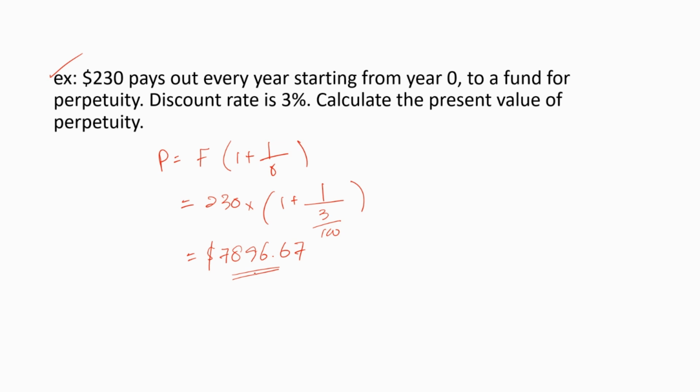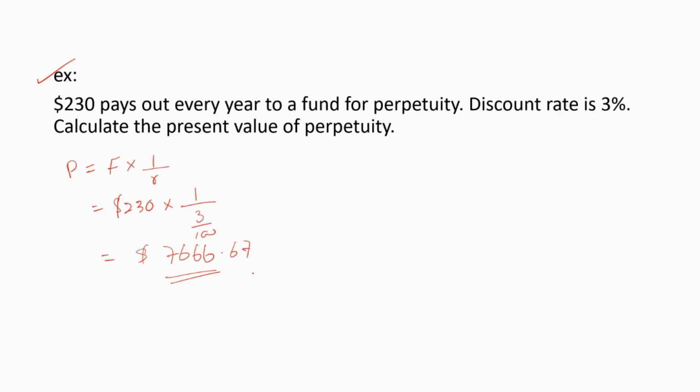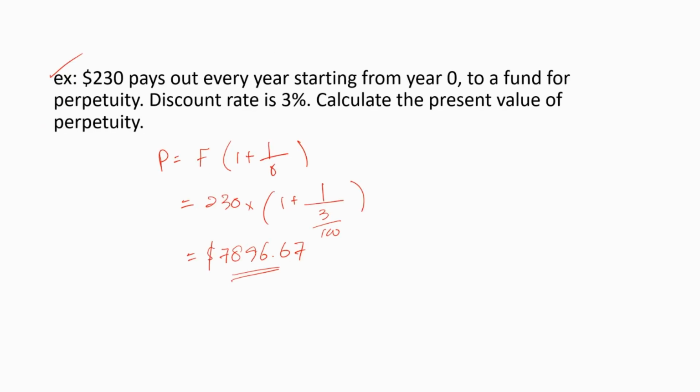Let's go back to the perpetuity calculation we just did. Here it is. The perpetuity is 7666. So let's deduct 7666.67, as now we know we can expect the initial cash flow here. This equals 229.99, which means 230. This is the initial amount.